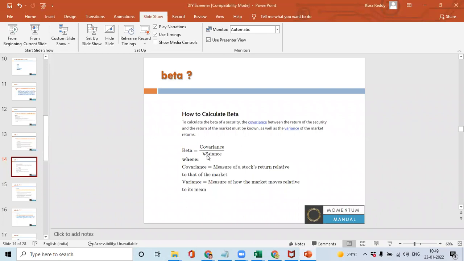You go back to the slides. You may not get everything at first. Take your time. Once you get the video, you practice it. Yeah, this is the formula: covariance divided by variance of the market.